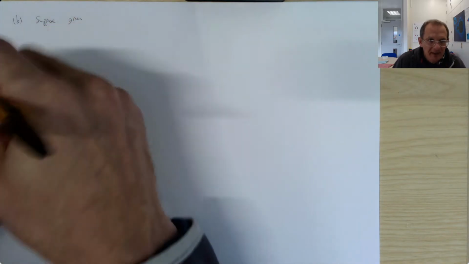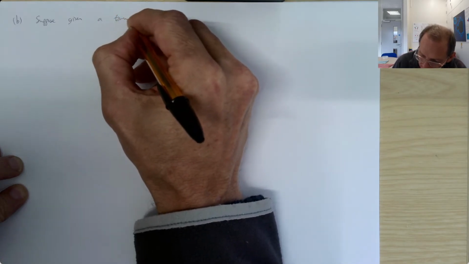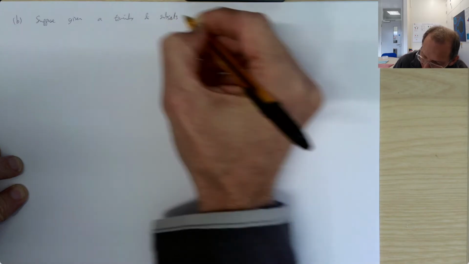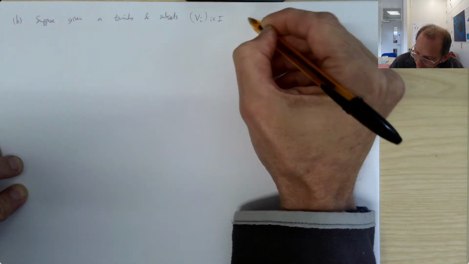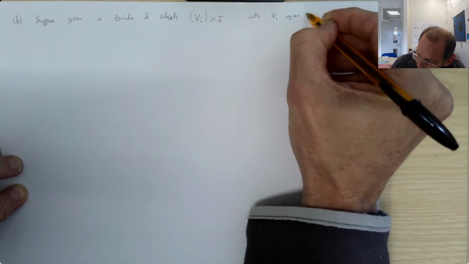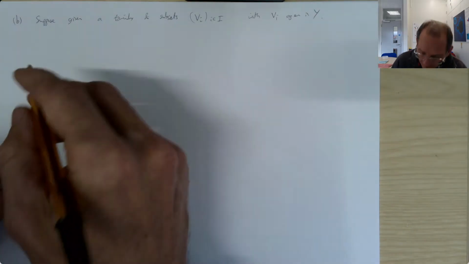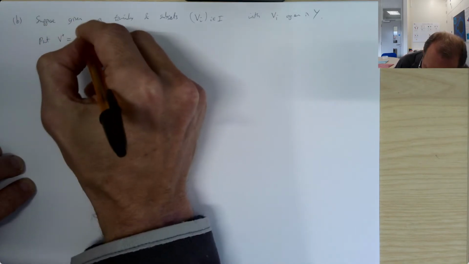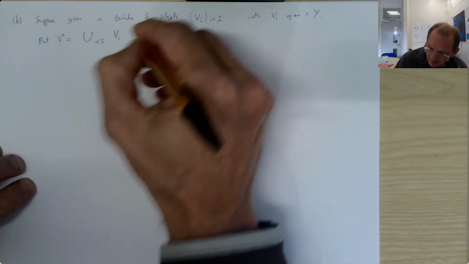So now let's suppose we're given a family of open subsets of Y. A family of subsets Vi for i in some index set, Vi open in Y. Okay, then we have to show that the union of all those, so let's call that union V upper star, V upper star is the union over i of all these subsets Vi.